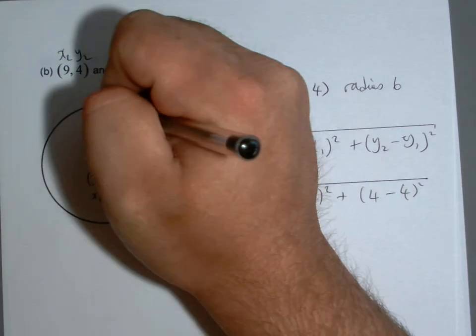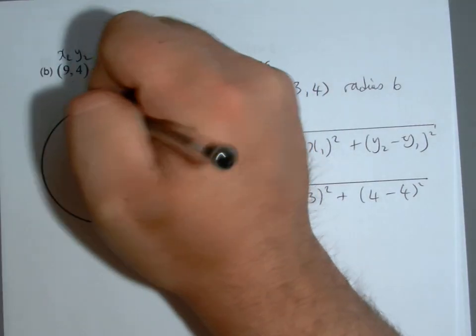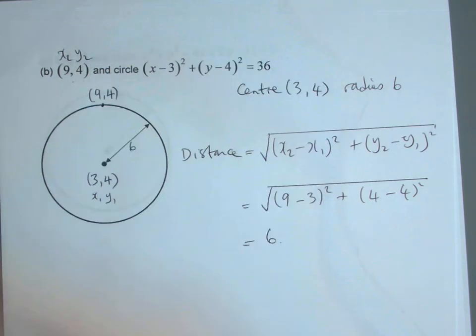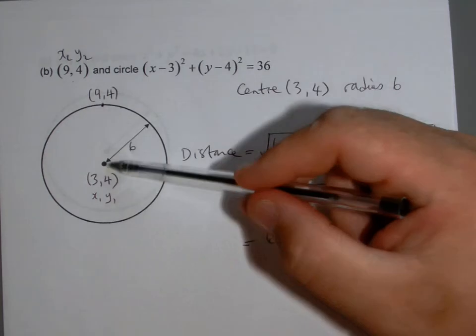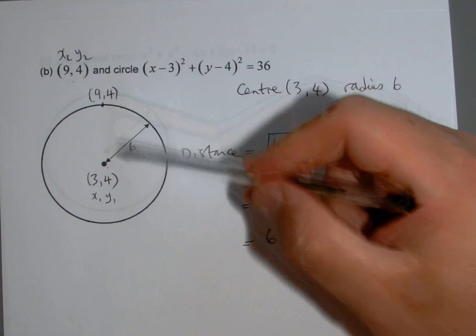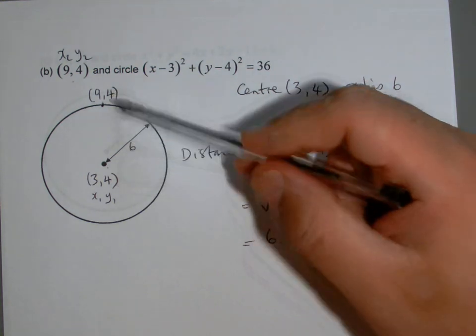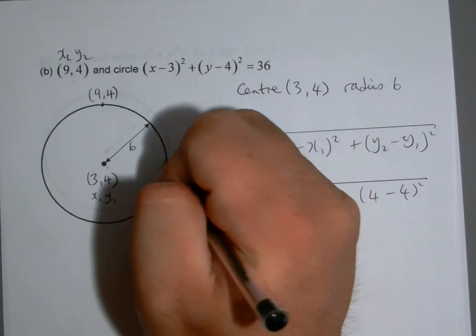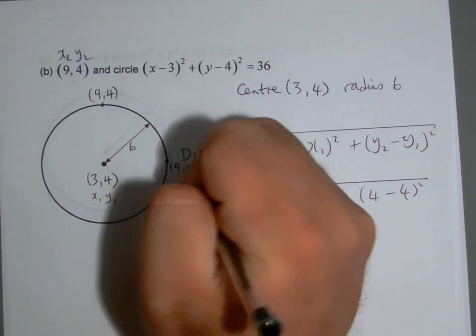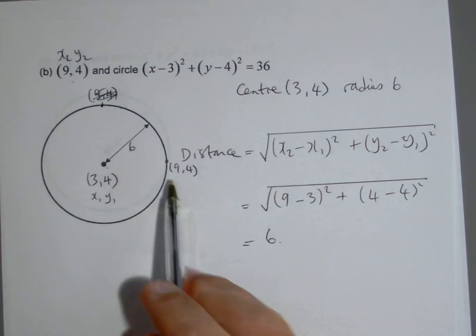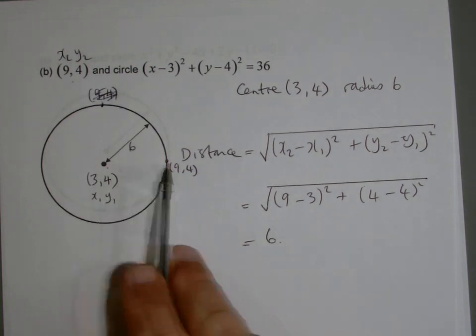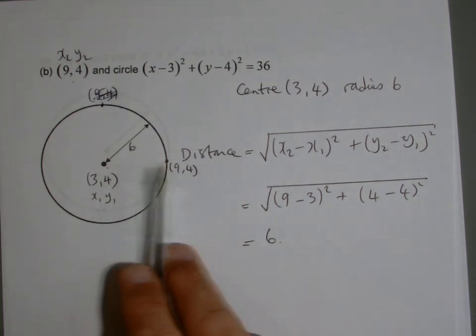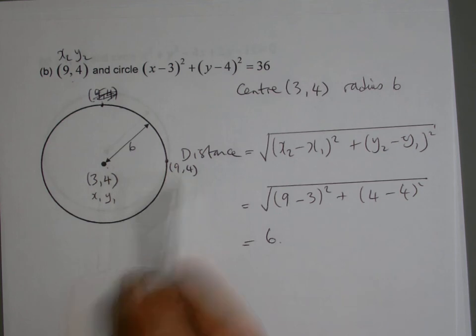In fact, it's right up here, isn't it? If you think about it, the point (9, 4) is directly to the right of the center, because they've got the same y values. Sorry, (9, 4) goes over here. So you're going across 6 to get to that point, and the y values are the same.